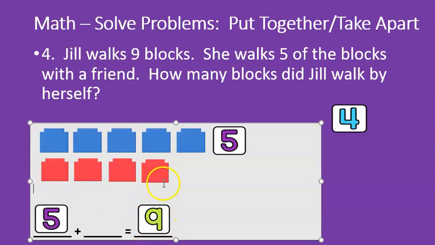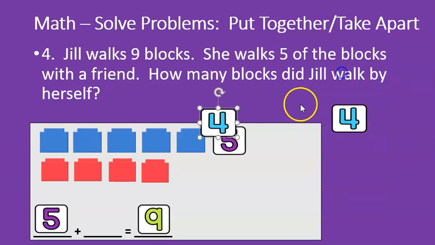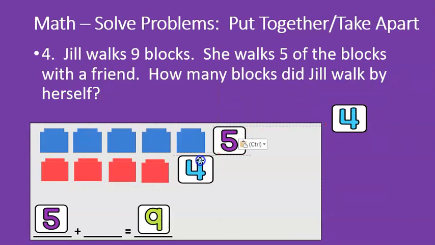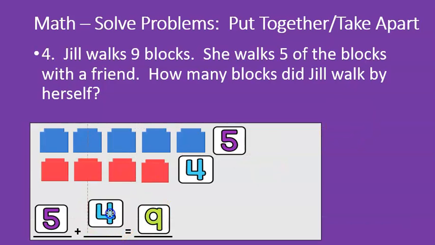Look at that. All together, we got to 9. Now, how many red cubes are there? How many red ones? Good job. There's 4 cubes there. There's 4 on the second row. So, boys and girls, what number do we put here? 4. So there's our answer. Now, first graders, read this with me. 5 plus 4 equals 9.